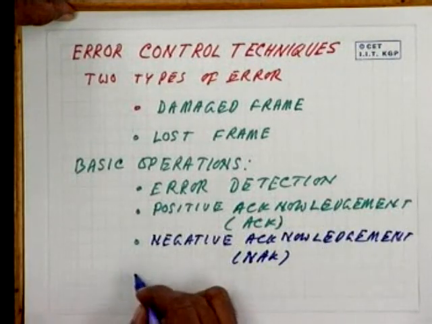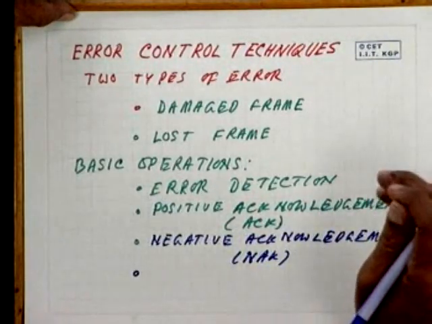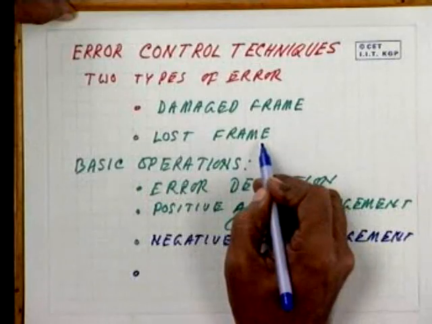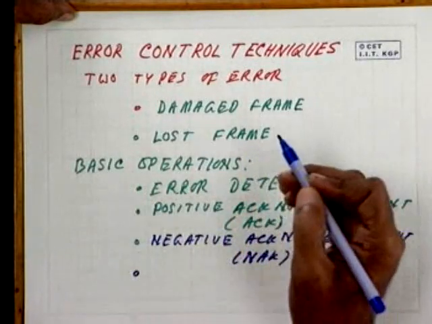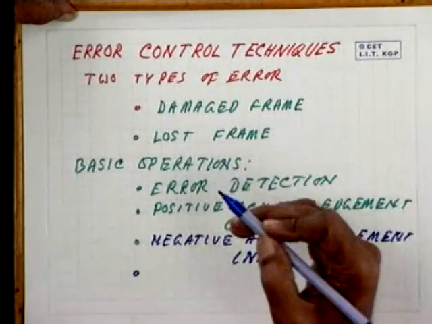Now suppose the frame that is being received is not recognizable, that is the case of lost frame, then what does the receiver do? The receiver neither sends a positive acknowledgement nor a negative acknowledgement.